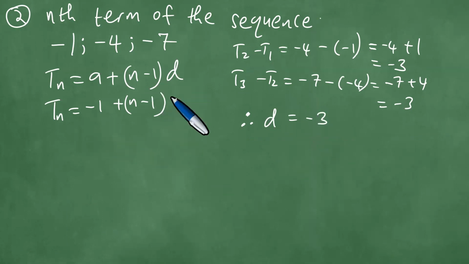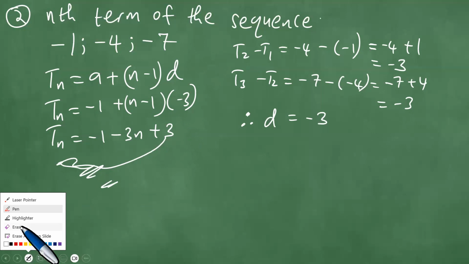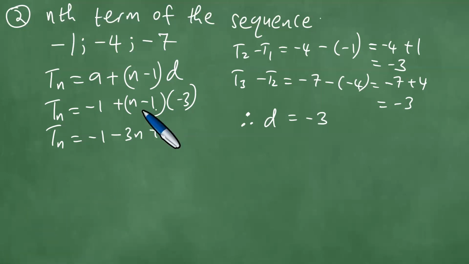So in this formula, we're going to put -3. We have T sub n, opening up the brackets: -3 times n is -3n, and -3 times -1 is +3. So we have -3n and then 3 here. What is -1 plus 3? It's 2.